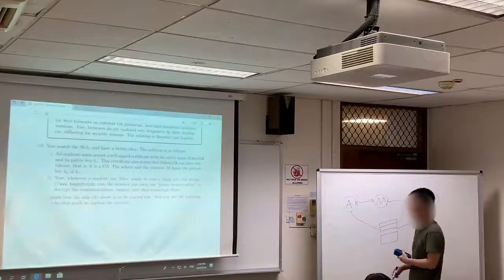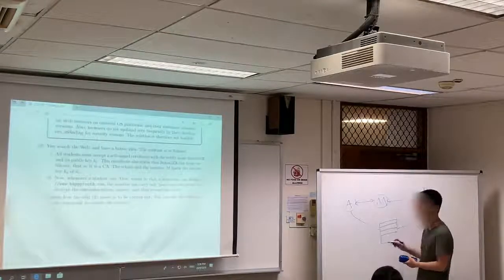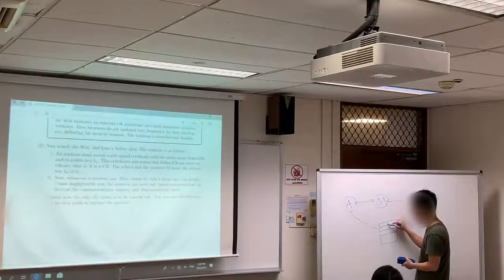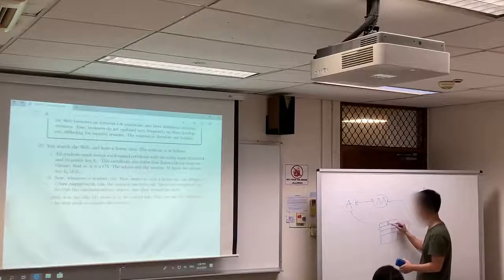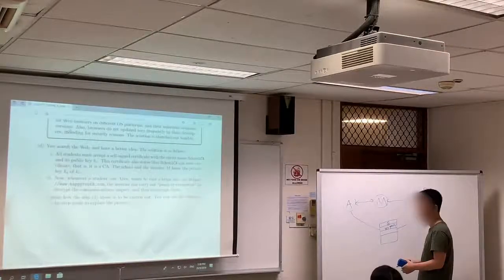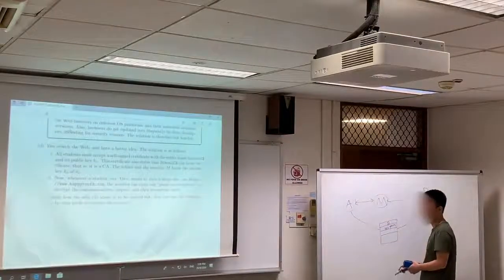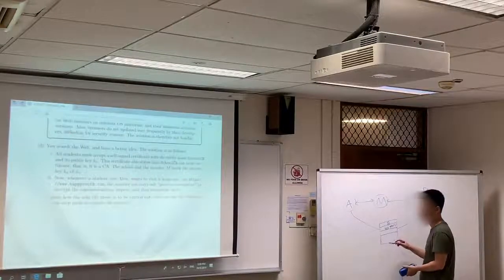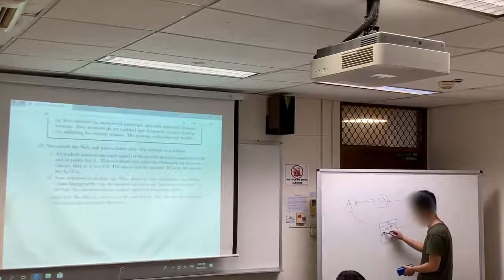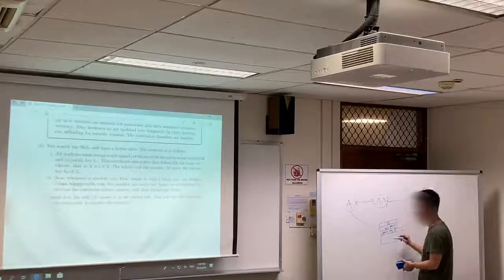The first part is the entity's name, here Bob. The period is, let's say, a year. Then we have a public key, which is Bob's public key, and the last part is the signature.